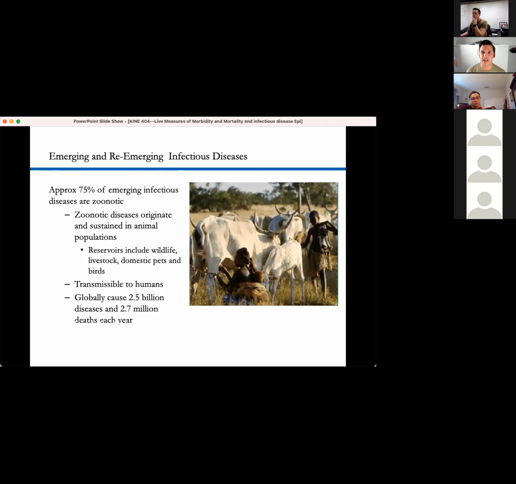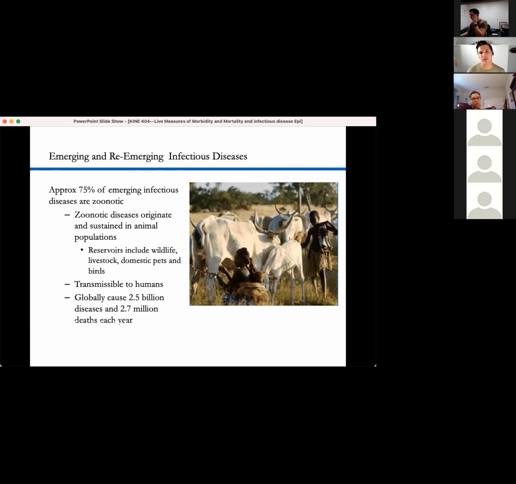So what that means is that the majority of infectious diseases that human populations are affected by are spread from animals to humans, as a result of the way that we interact with our environment and the way that we interact with animals in the environment.